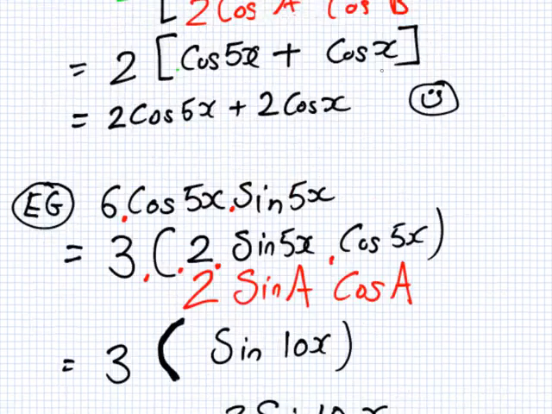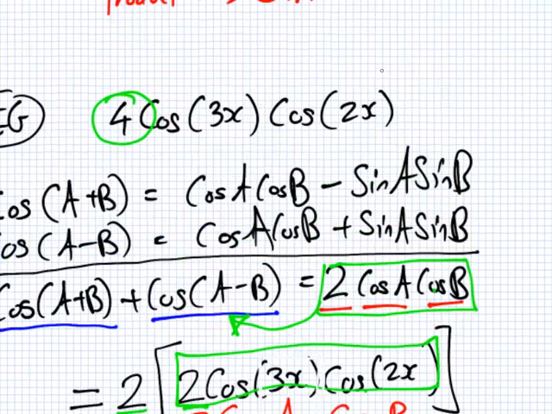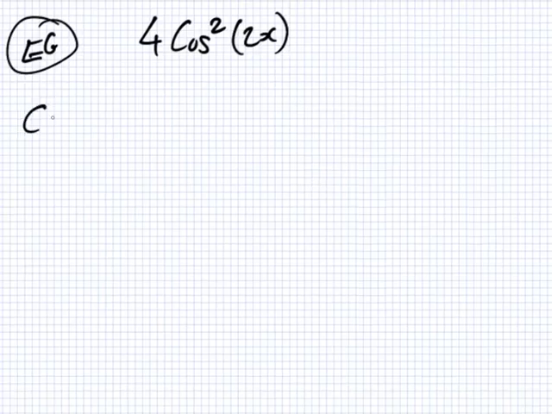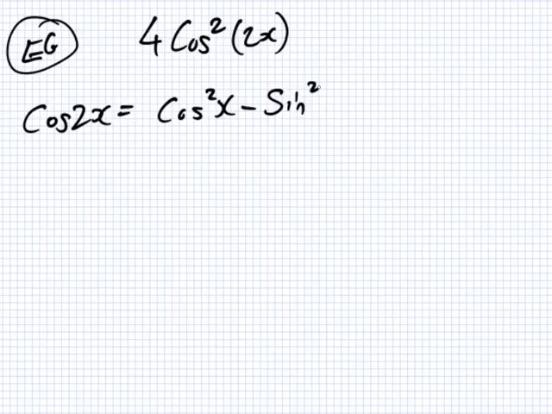In fact, that's actually the same as this one I just did. So let's do it a different way, because I don't want to show you the same thing twice. So a different way to do this one, you could say, well, cos 2x equals cos squared x minus sin squared x.